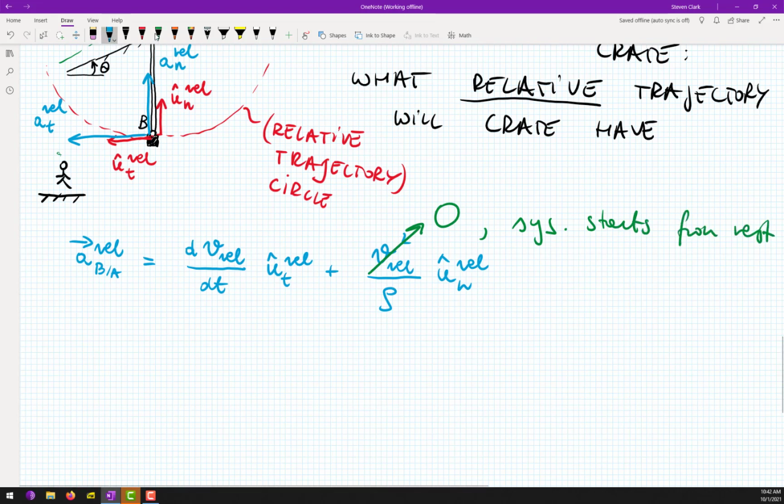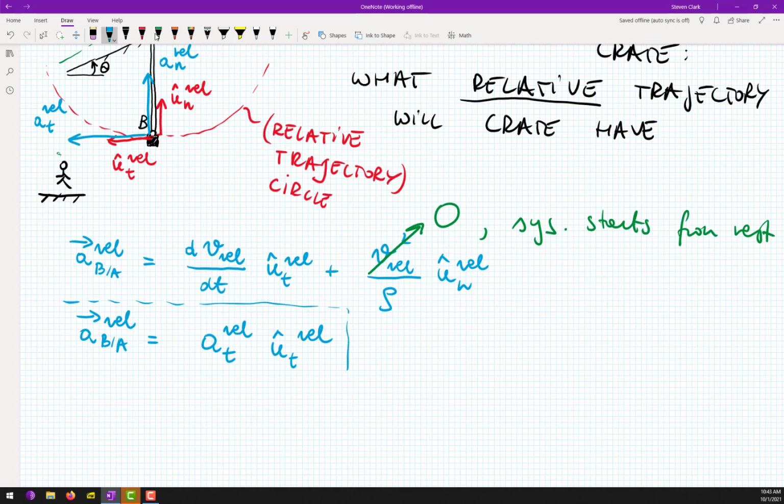So that means our acceleration of B relative to A can be simplified tremendously. We have just AT rel, UT rel.